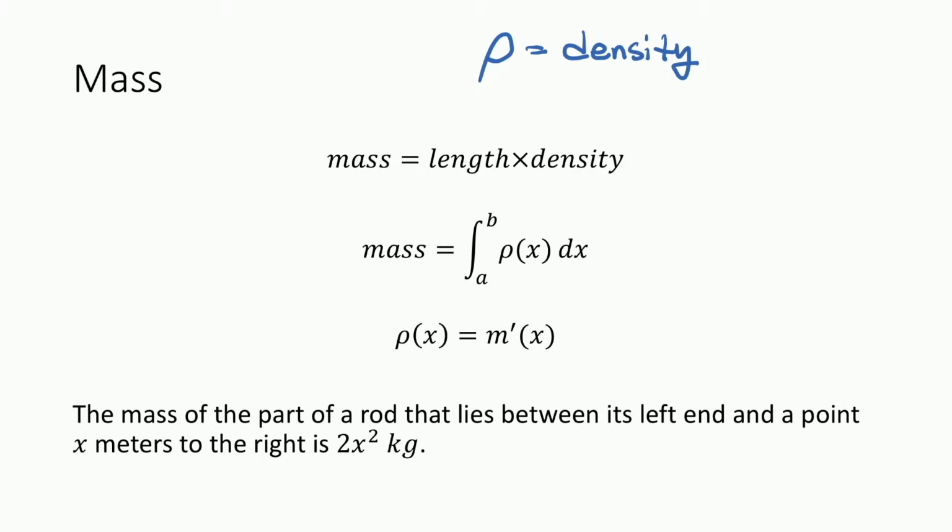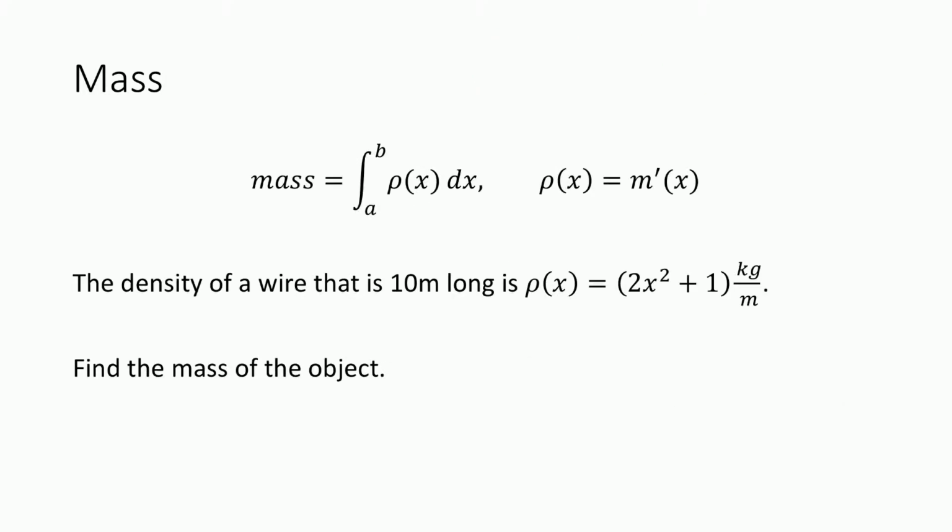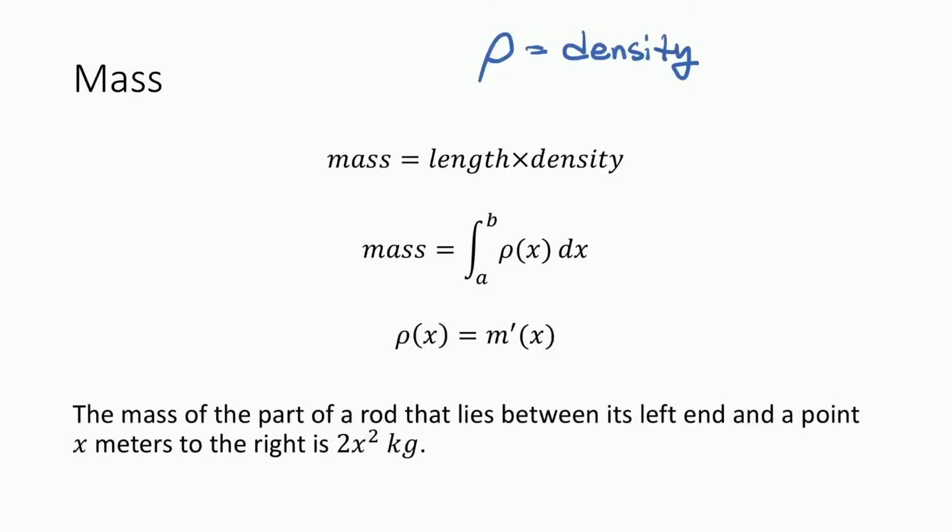I want the mass of a part of a rod that lies between its left end point and x meters to the right is 2x squared kilograms. Because we're given the mass.